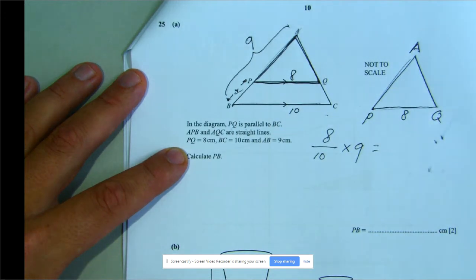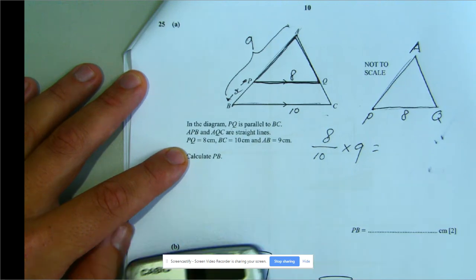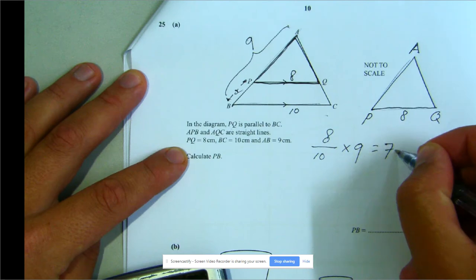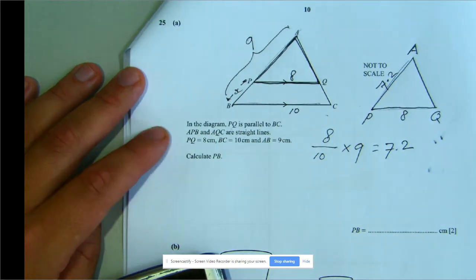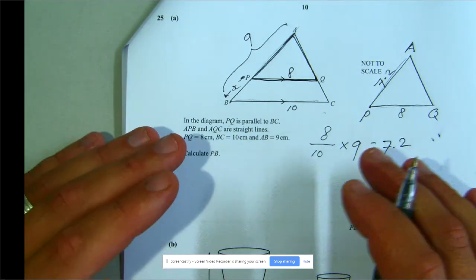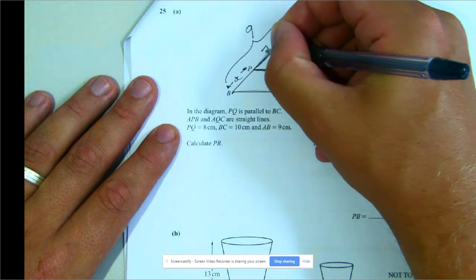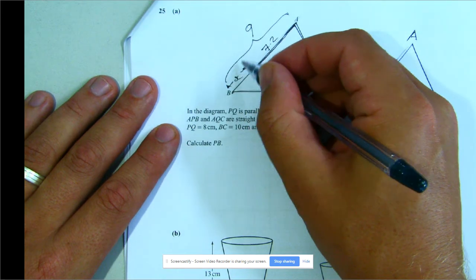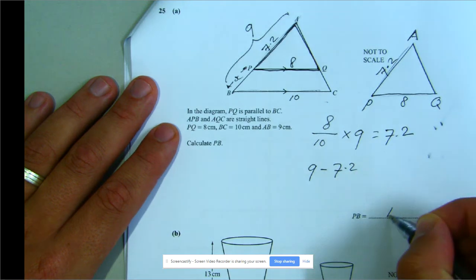So 8 divided by 10 times 9, what is that? 7.2 indeed. So AP is 7.2. So again, similarity, you're looking at scale factor, corresponding sides. If AP is 7.2, then X has to be 9 minus 7.2, which is 1.8.